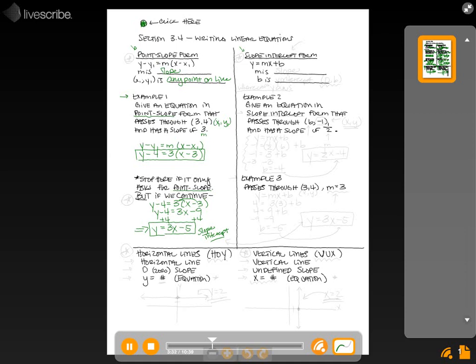Slope-intercept is y equals mx plus b. M is still the slope, just like it is in the other form. And b is the y-intercept. And this is how the two forms are different. The y-intercept is a specific point on the line. It always has to have 0 first. Okay, it's 0, b.